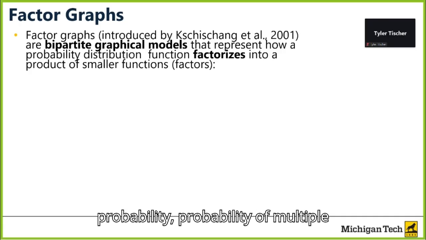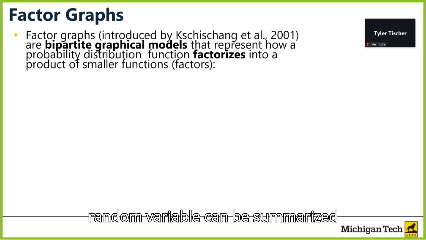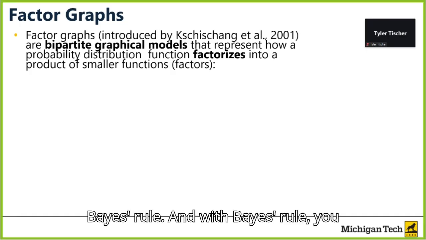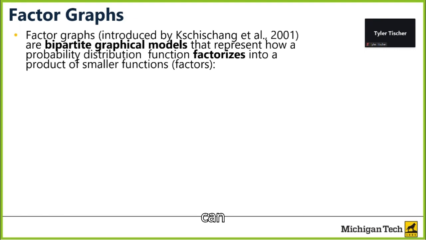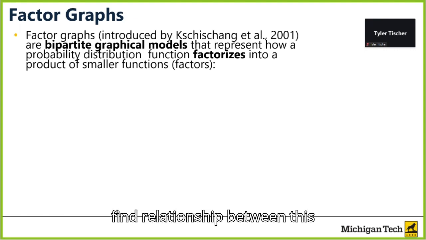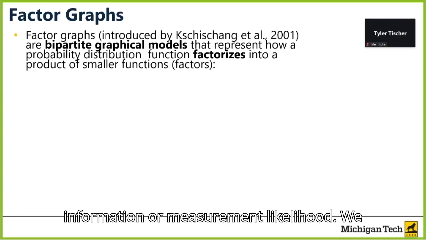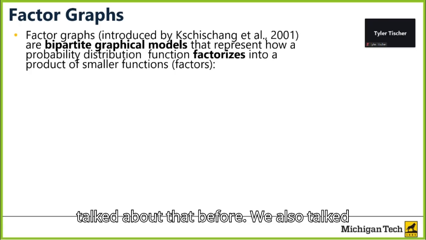The joint probability of multiple random variables can be factored using a product of conditional probabilities. That comes from Bayes rule, and with Bayes rule you can find the relationship between these conditional probabilities and prior information or measurement likelihood. We talked about that before.